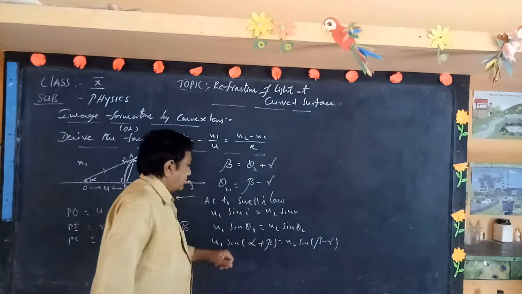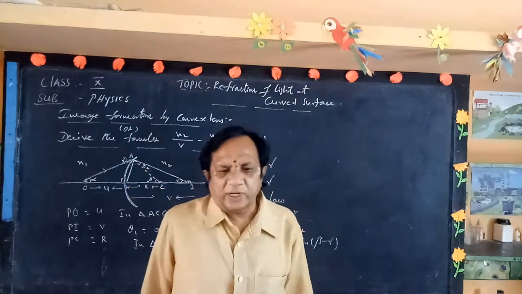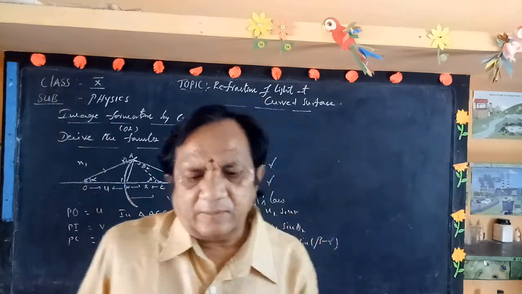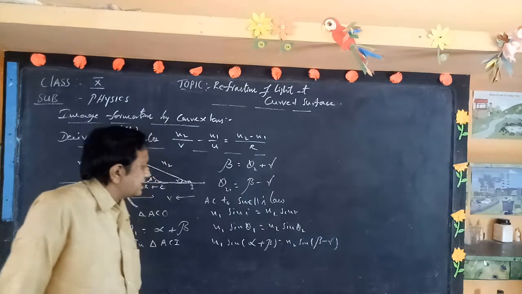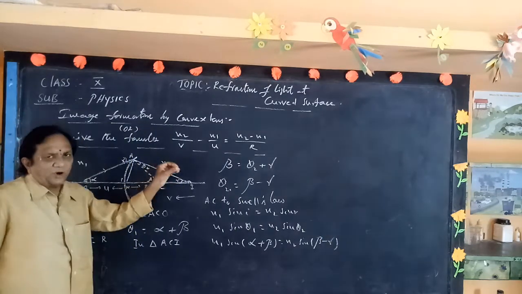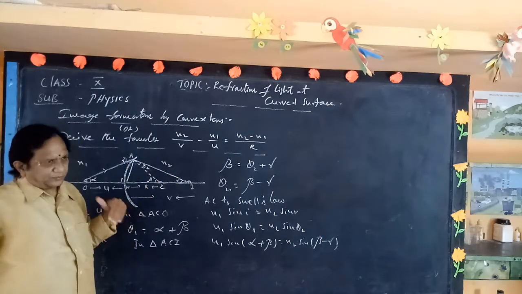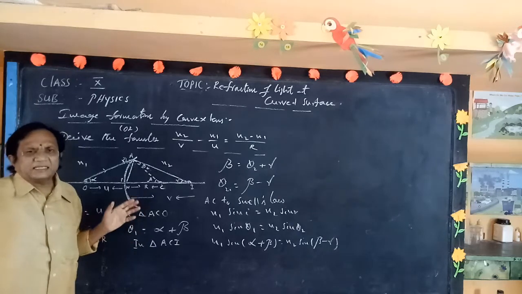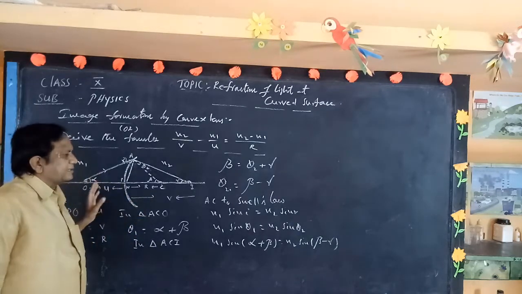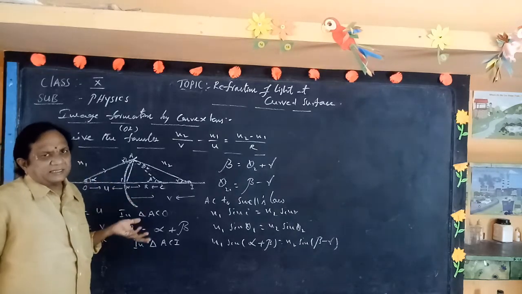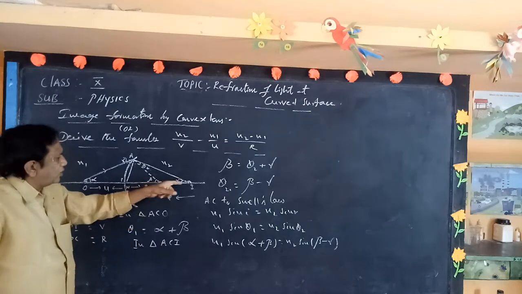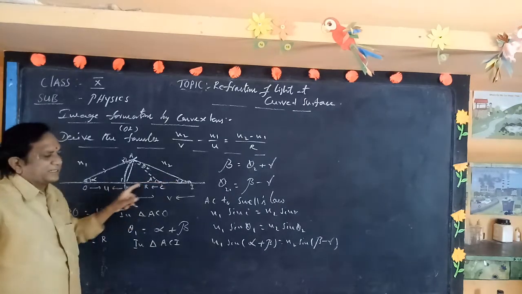But to understand this point, alpha, beta, gamma are very small angles, or negligible angles. There is no need to consider these angles. Why? Because they all lie close to the principal axis.